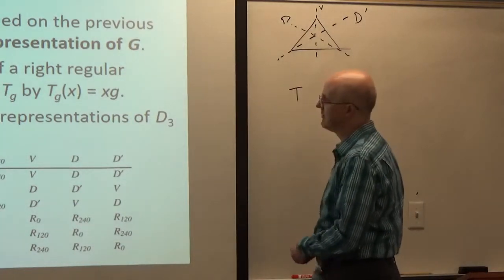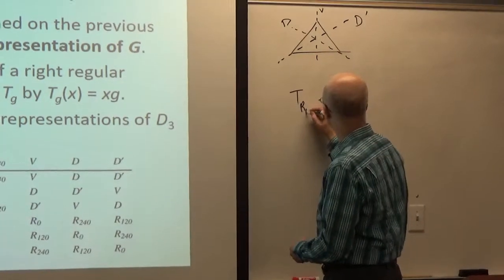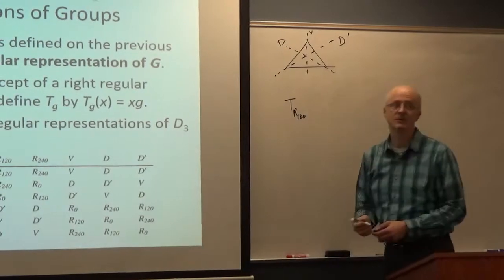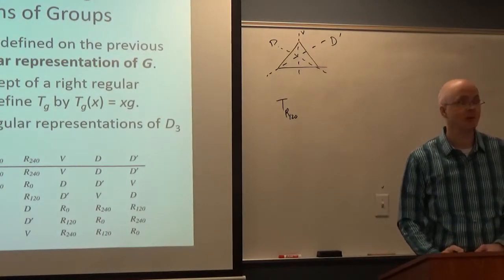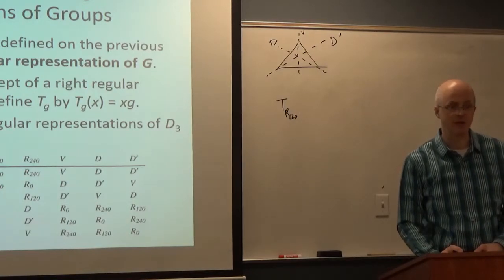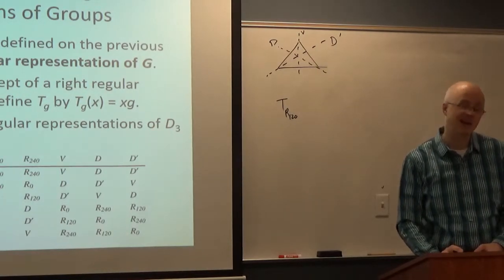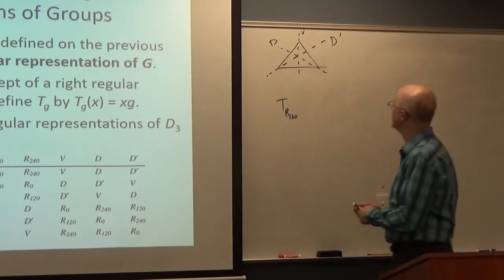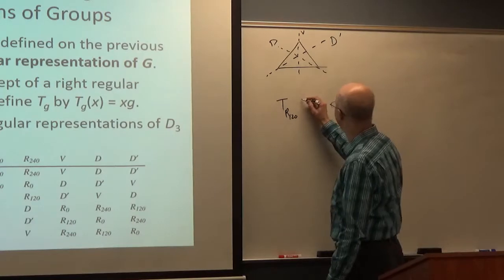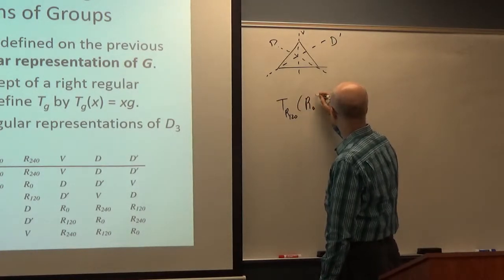I could ask, for example, what is T sub R120? And how would you represent this permutation, maybe in cycle notation? That's what we're after here. It is a permutation on a finite set, so we could represent it in cycle notation. Let's first figure out what its outputs are for the various inputs.